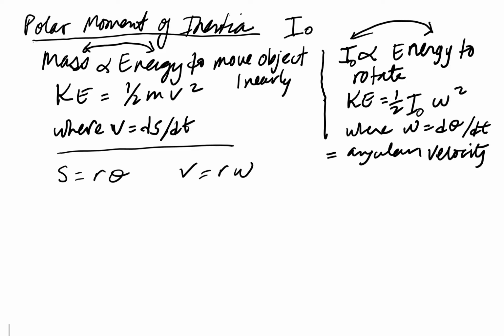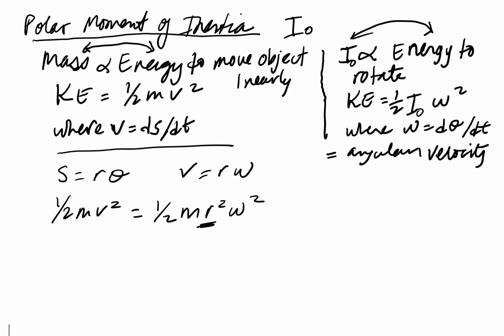What that means is that if we wanted to calculate 1/2 mv squared, the kinetic energy in the linear direction, and we did a substitution where v is equal to r omega, we're actually going to end up getting r squared omega squared. And so there is a proportionality here, but you can see we have this factor of r squared that's inserted.